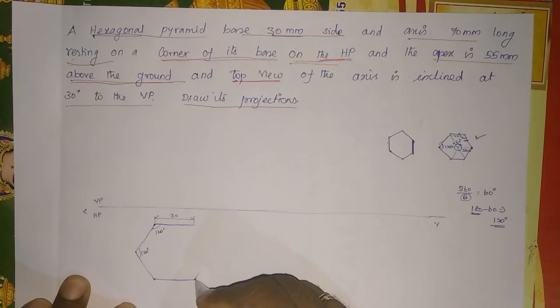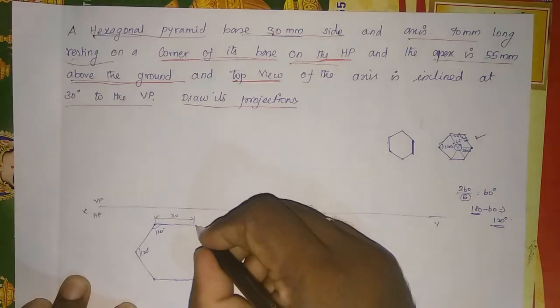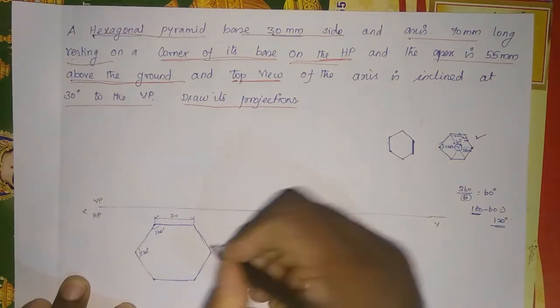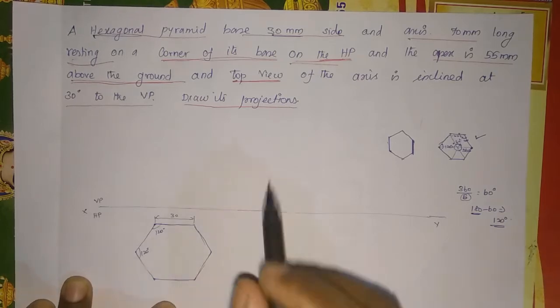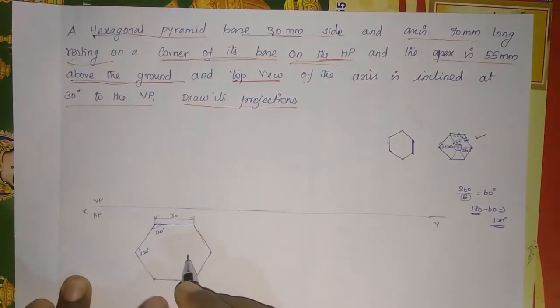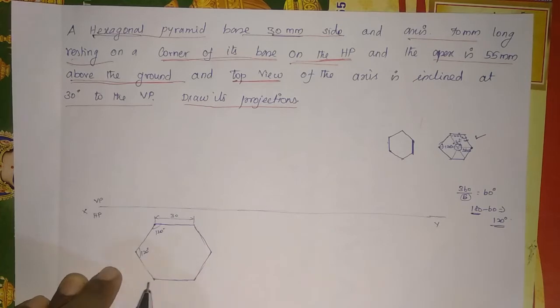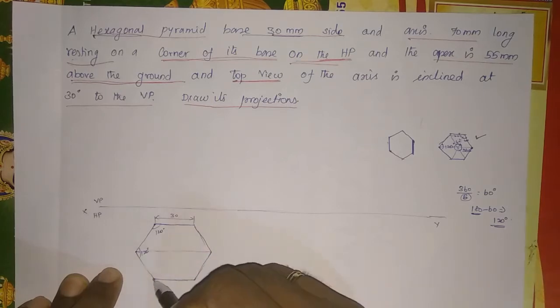From this another 120 degrees. So this is the hexagon of base side 30 mm that we have drawn. This is actually the pyramid, so we have to identify its center. First we have to join each corner to the opposite corner.